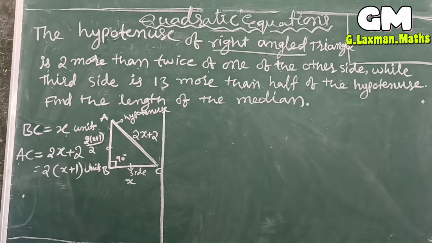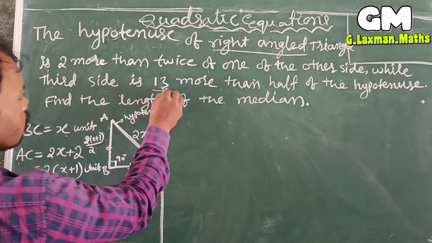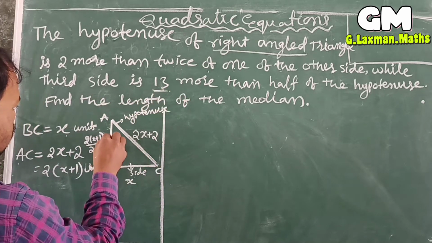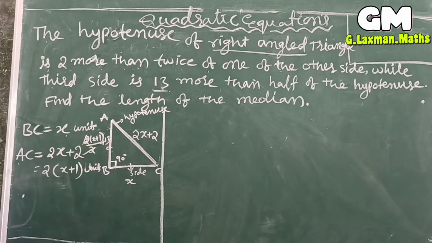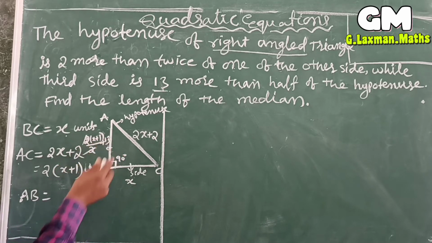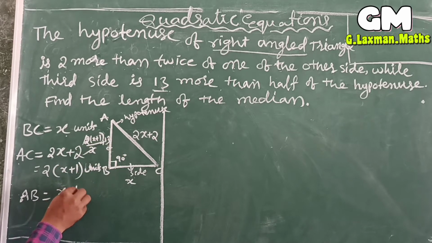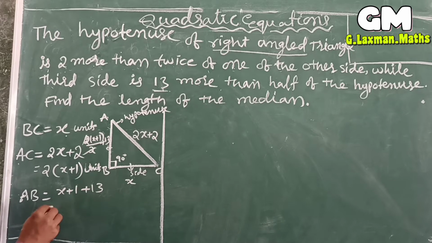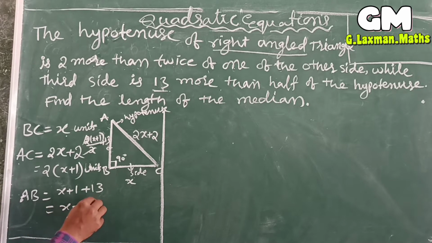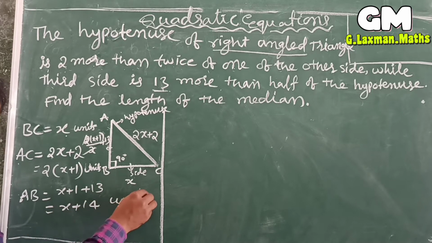And how much more? 13 more, means plus 13. The 2 will be cancelled. Then AB is equal to x plus 1 plus 13, so that is equal to x plus 14 units.